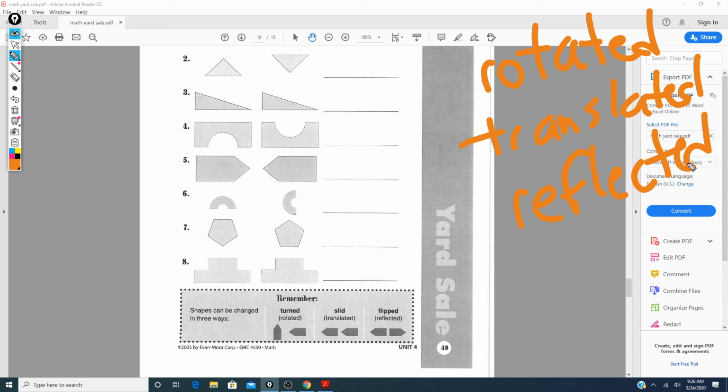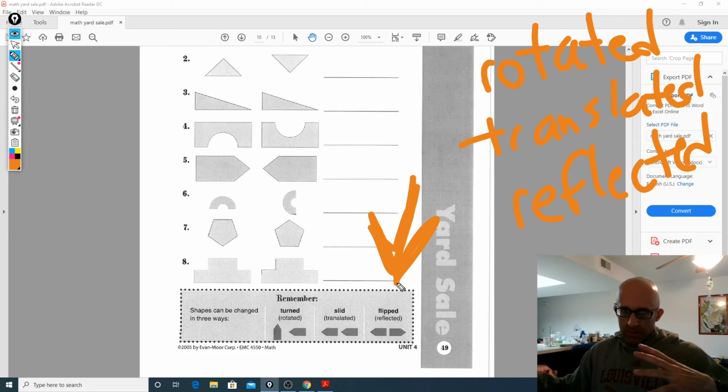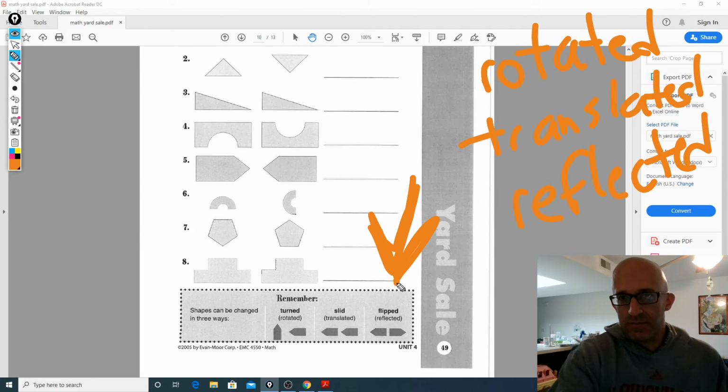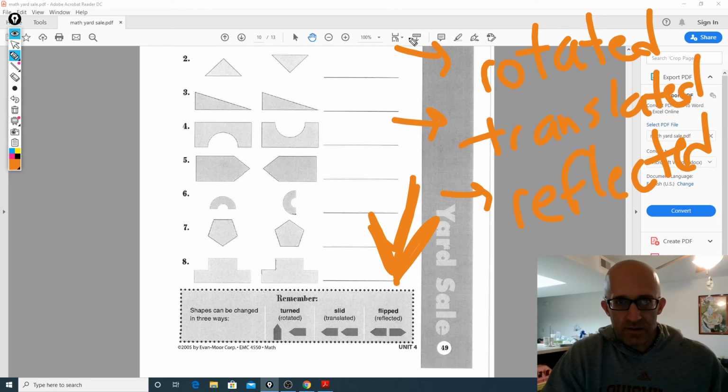And you'll see down at the bottom here, it gives you layman's terms for what each of these math terms are. I know our eighth grade friends dealt a lot with that recently, with making drawings.